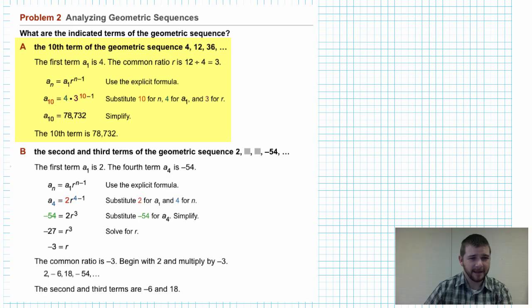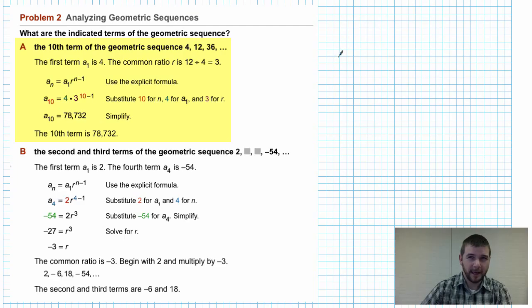To find the 10th term, our index value is 10, representing the 10th term. So this would be a sub 10 equals our first term 4, times our r value 3 raised to the index value of 10 minus 1. So let's work this out here on the right hand side.